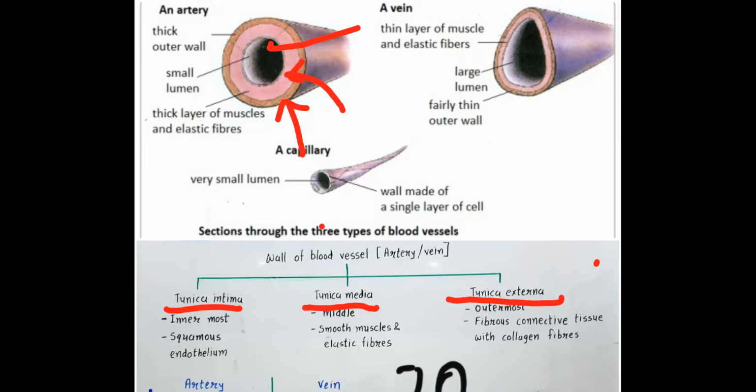Three-layered wall in which the outermost is called tunica externa. That's the outermost layer. Same here, tunica externa, tunica media, and tunica intima, like that.